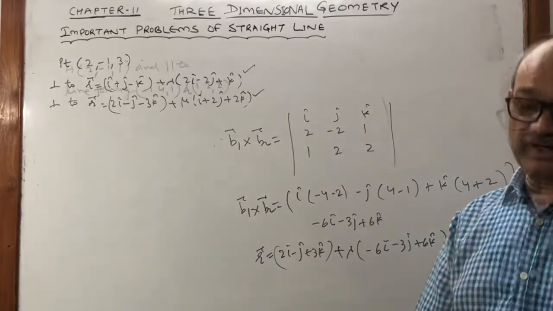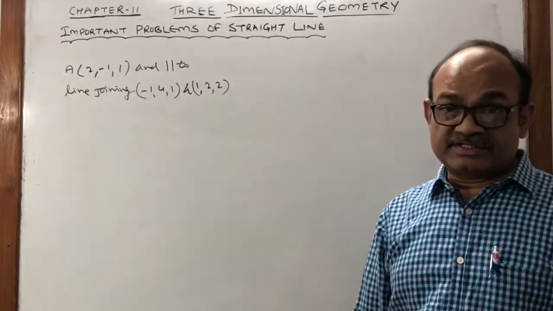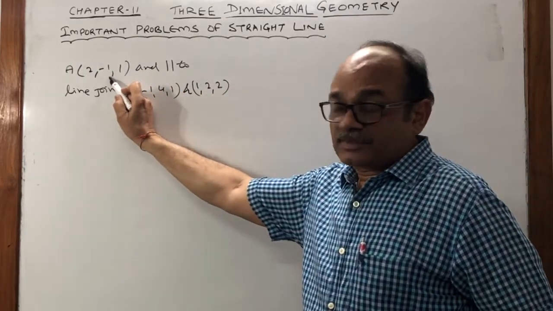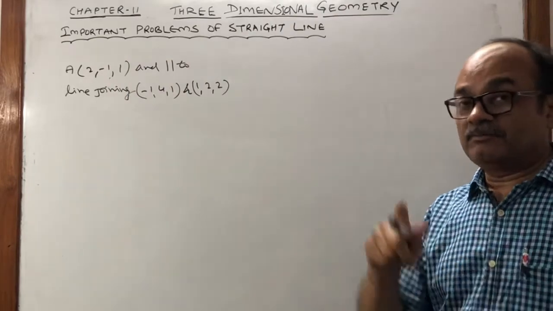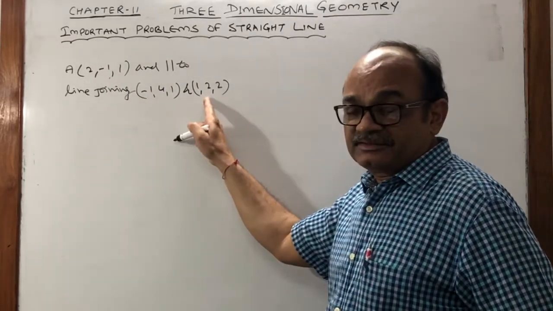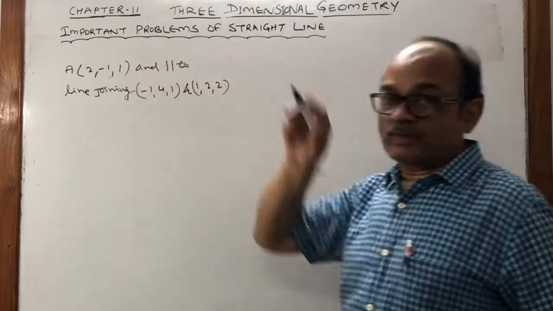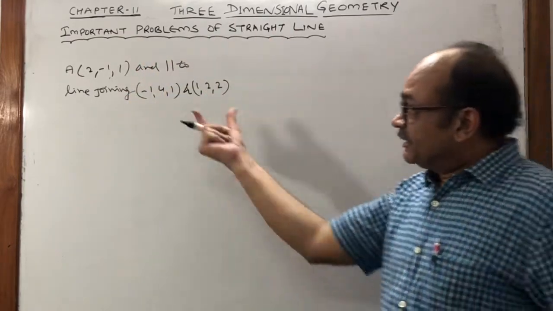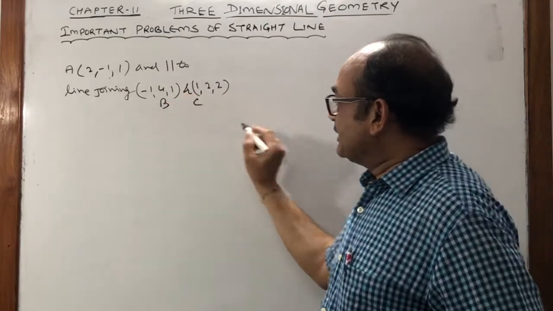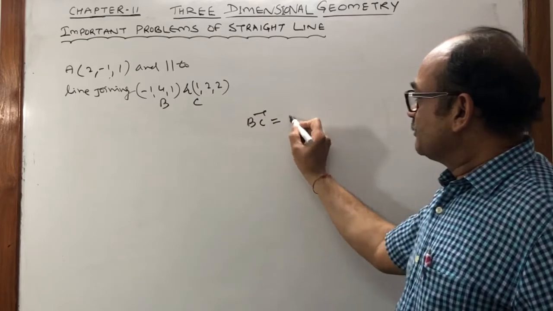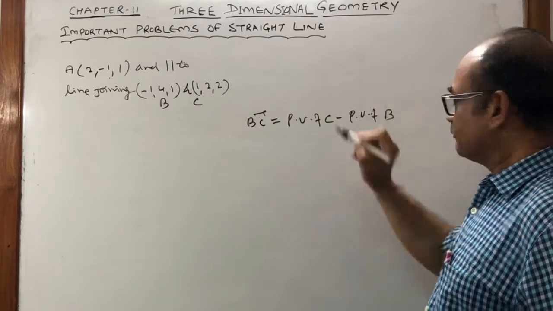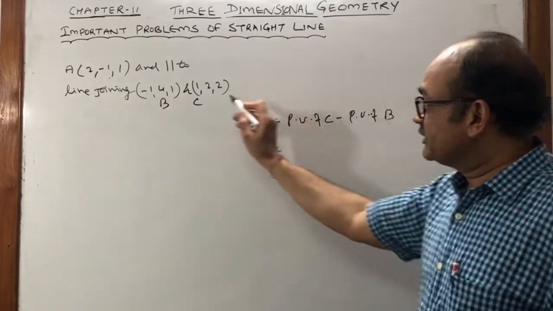Next, again from board 2003 question. A line passing through this point, but DRs are not given. But the condition is given: the line joining these 2 points is parallel to the required line. It means the DRs will be given by these two. So suppose these points are B and C, then vector BC is position vector of C minus position vector of B. So what is the position vector of C given to you?